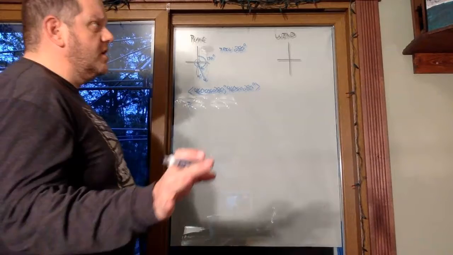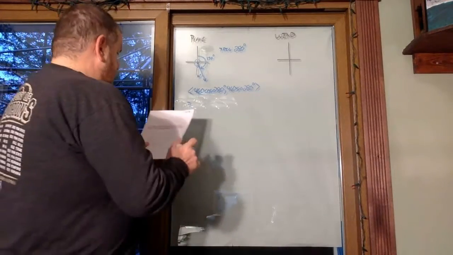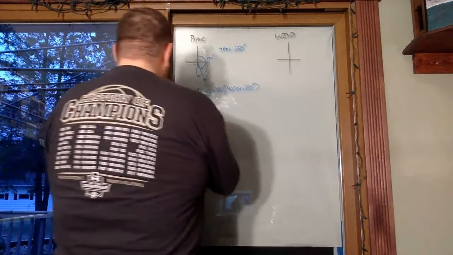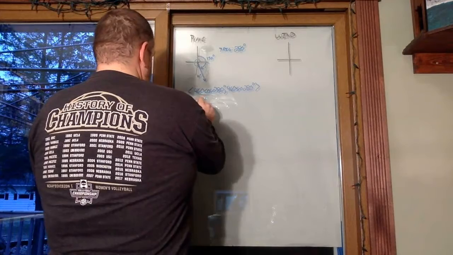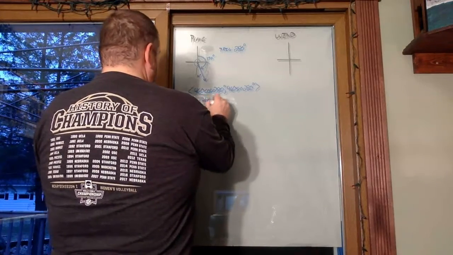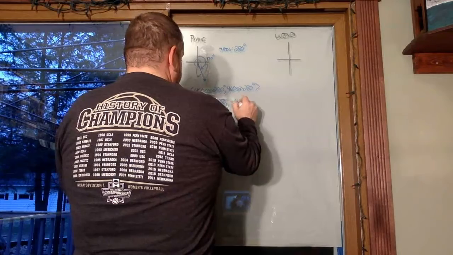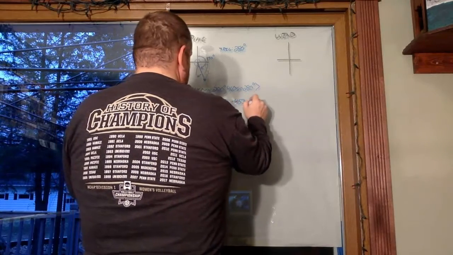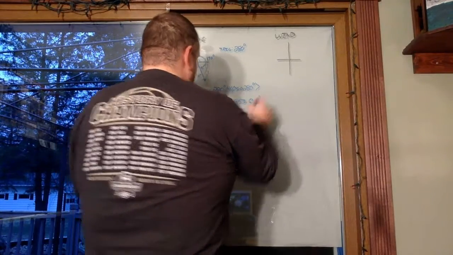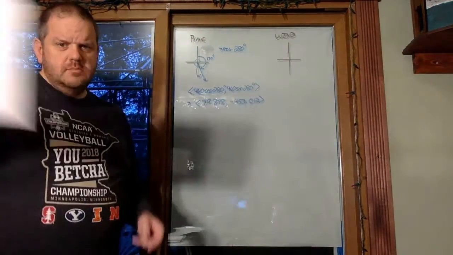Make sure you're in degrees, not in radians. That would give you 79.878 and negative 453.012.